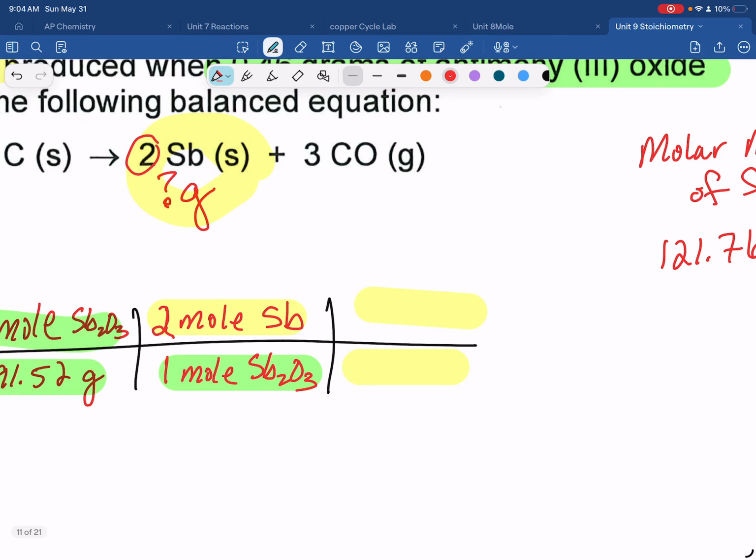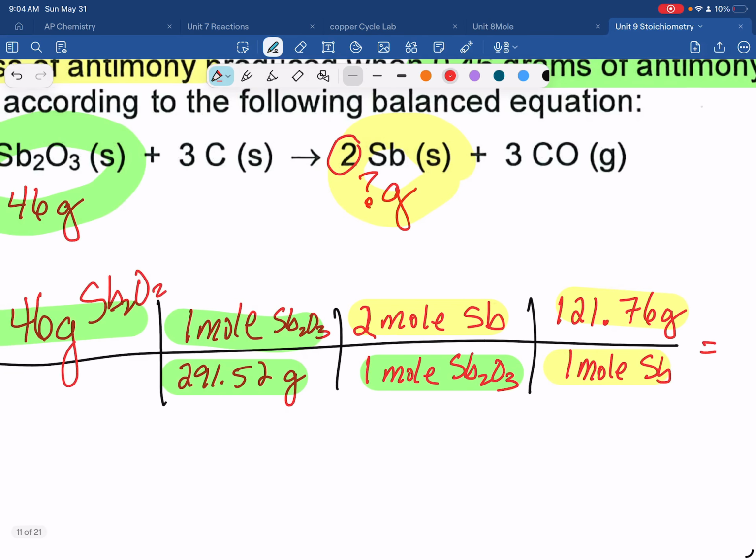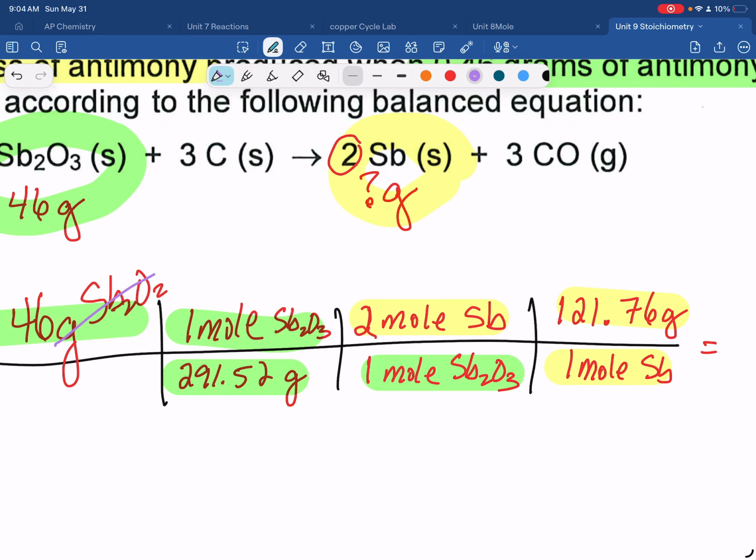Last step, let's put the molar mass of antimony, and that's for every 1 mole of Sb. Let's cross them out. My favorite step. Grams of Sb2O3 cancel. Moles of Sb2O3 cancels. Moles of Sb cancels. And we're left with grams.